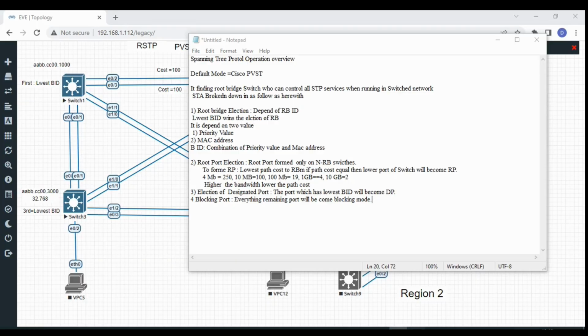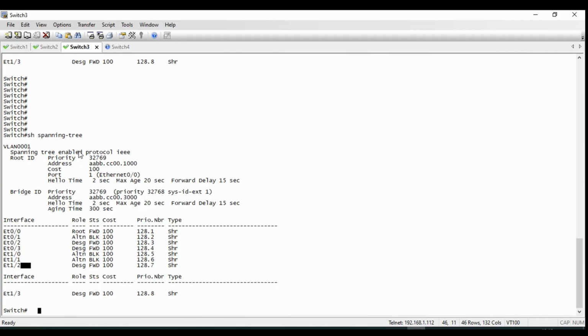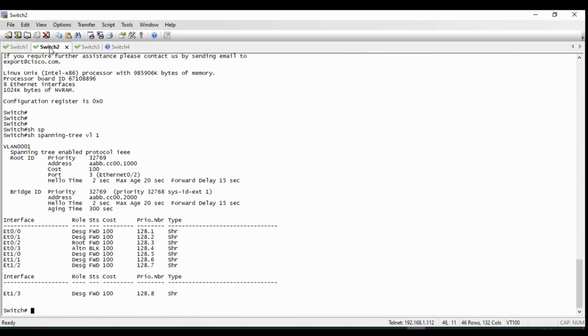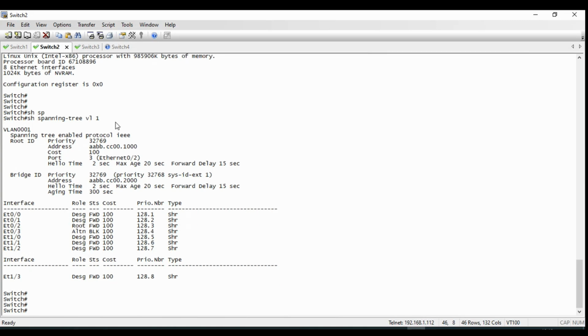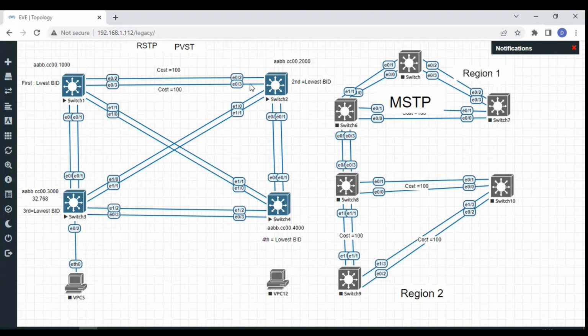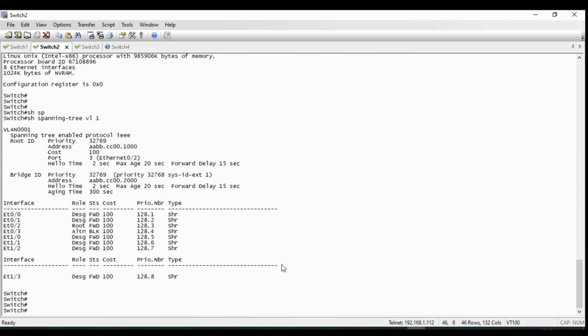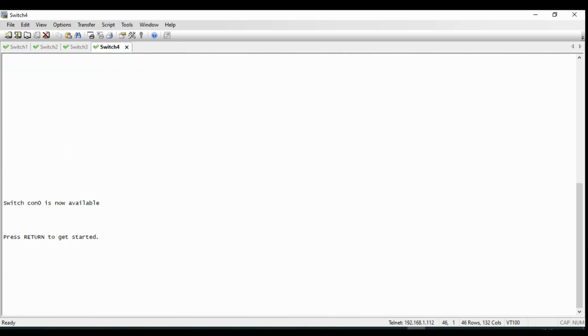Why? Because it has the highest value. If you see in switch 2, there is a port E0/3. This is the highest port, and that's why it becomes blocking mode. If you see on switch 4, we have blocking mode. Let me go to switch 4.